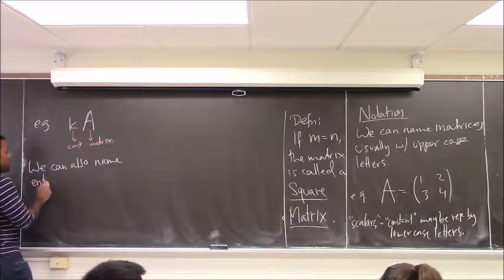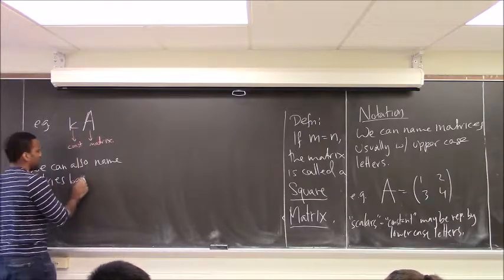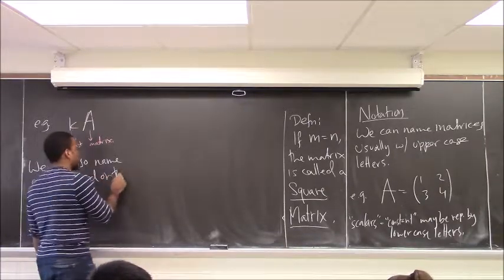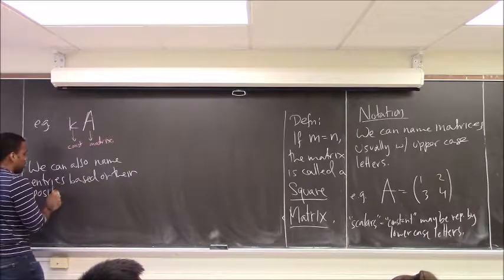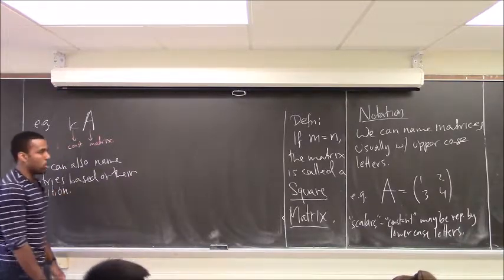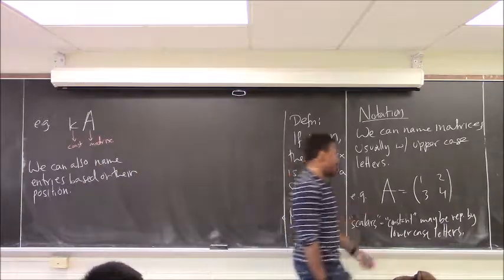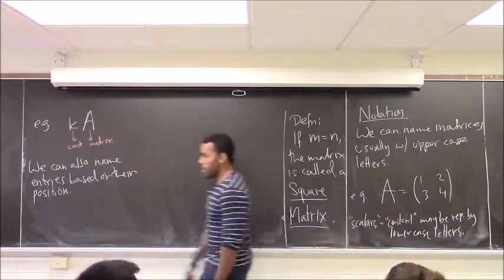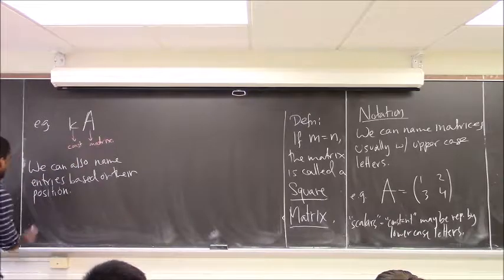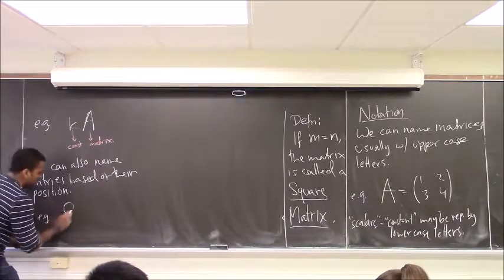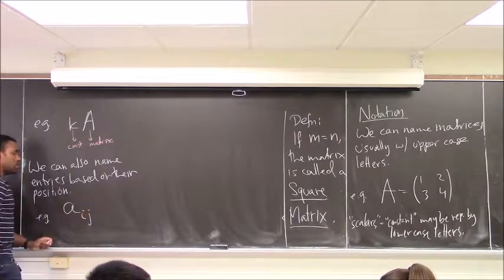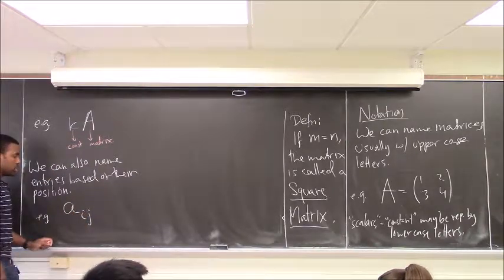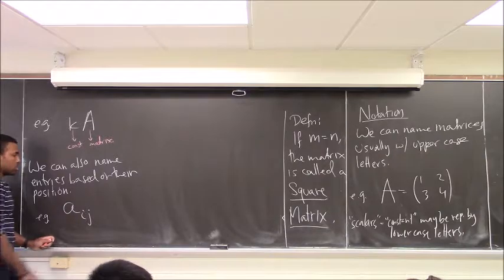We can also name entries based on their position. Usually we do this with a corresponding lowercase letter of the matrix that I originally named, but it's going to have subscripts. So, for example, it would look like lowercase a with subscript ij. If your i and j are each one digit long, there's no ambiguity here.